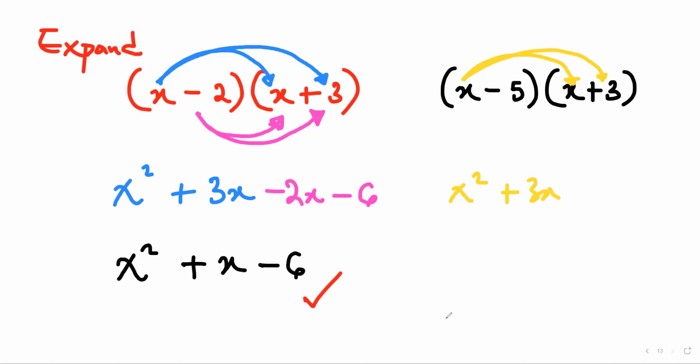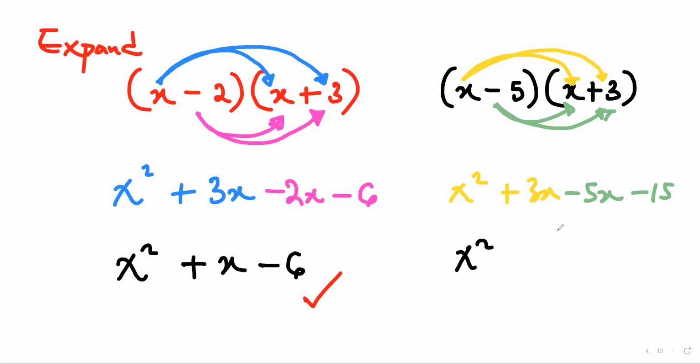Then minus 5 times x, which is minus 5x. And minus 5 times plus 3, which will give you minus 15. Good.